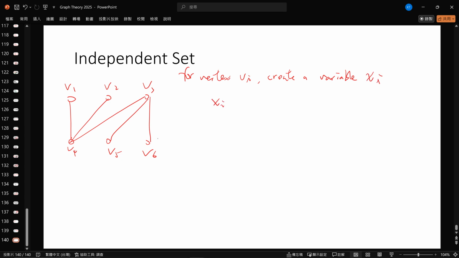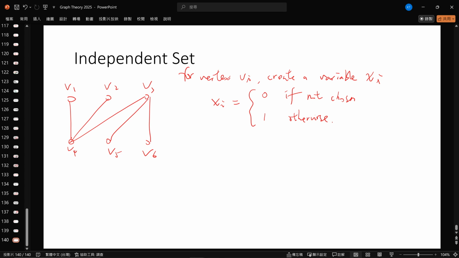The physical meaning of xi is that if xi is 1, then we choose vi in our independent set. Otherwise, we did not choose it in our independent set. So these are our variables. In this instance, we have 6 variables because we have 6 vertices.